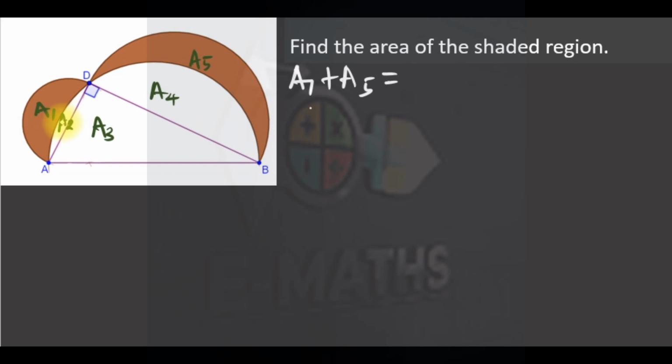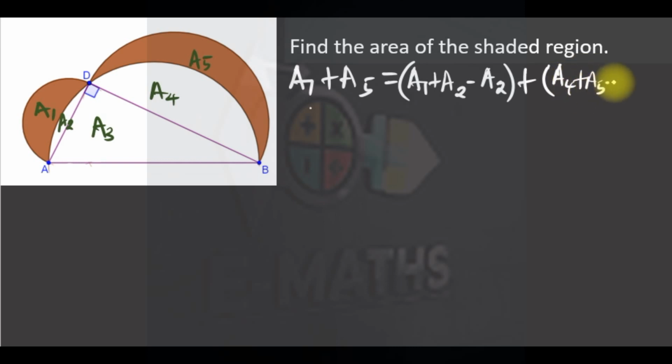Looking at this, you see that to get A1 is A1 plus A2 minus A2, as you can see, which is correct. So if I want to get this area, you subtract this from the total area, which is A1 plus A2, plus that same way, if I want to get A5, A5 is the same as A4 plus A5 minus A4.